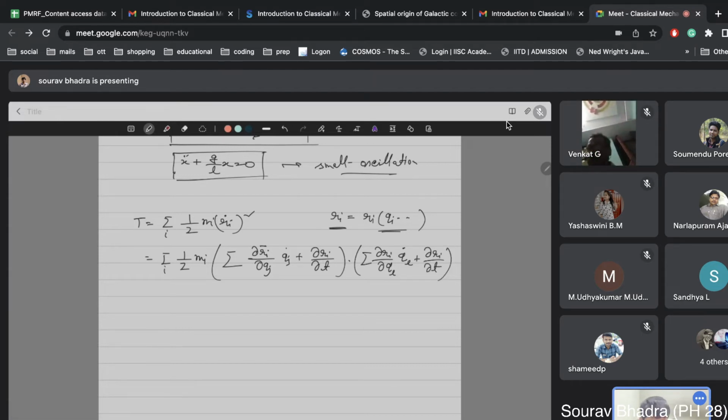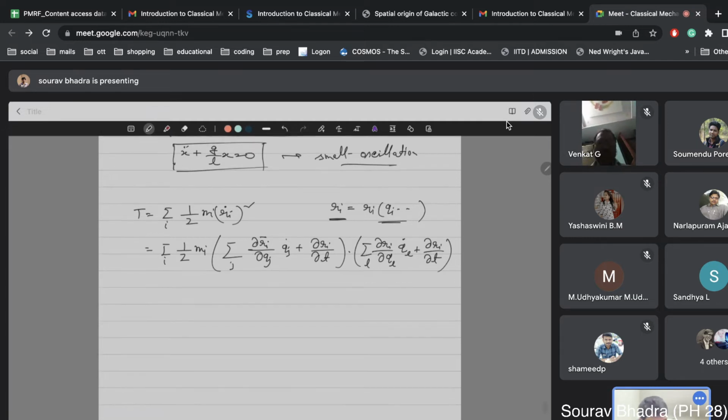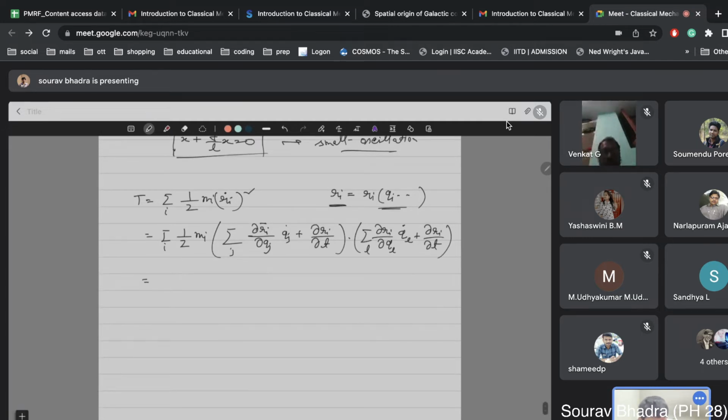The summation over i, j and l. Now if you do it, you will get this expression: a_jl q_j dot q_l dot plus a_j q_j dot plus a. This is the same thing Sir has written as T0, this is the linear term T1 and this is the quadratic term T2. So T can be expressed as T0 plus T1 plus T2.